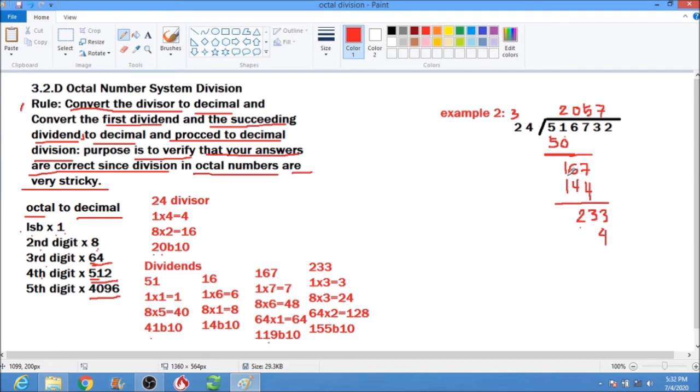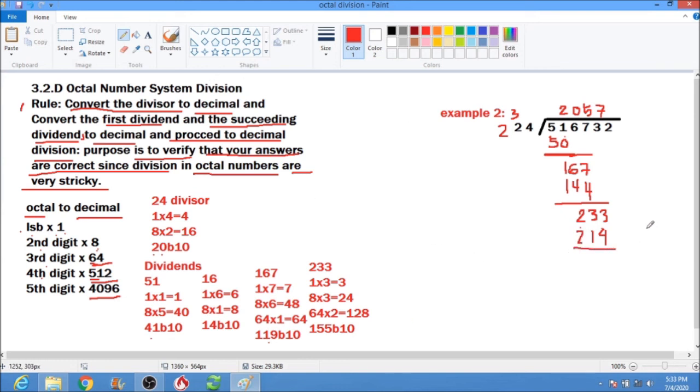Okay, then 7 times 2 is 14 plus 3 is 17. 17 minus 16 is 1, carry 2. So write 2. Okay? Then proceed to subtraction.